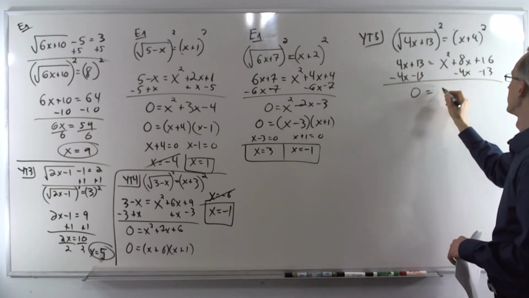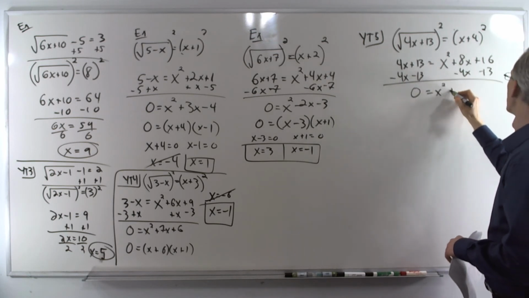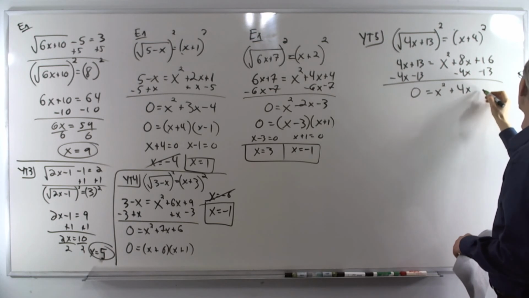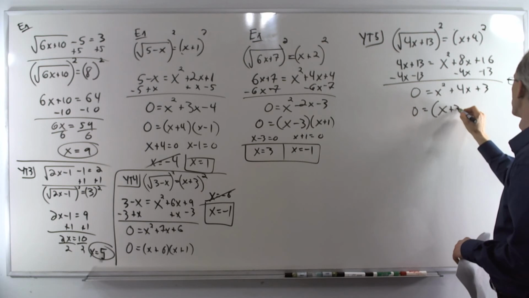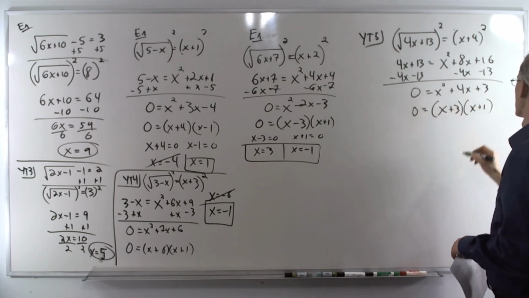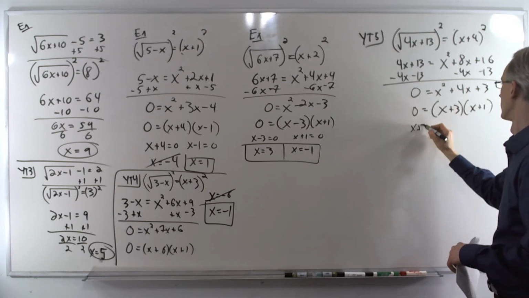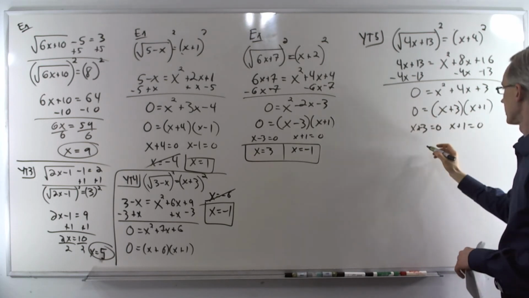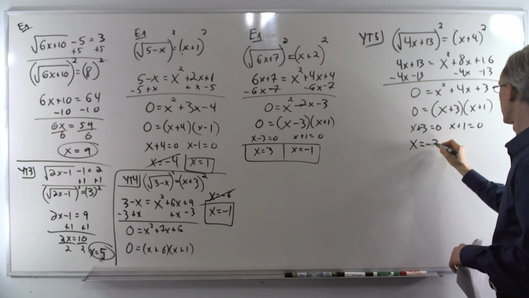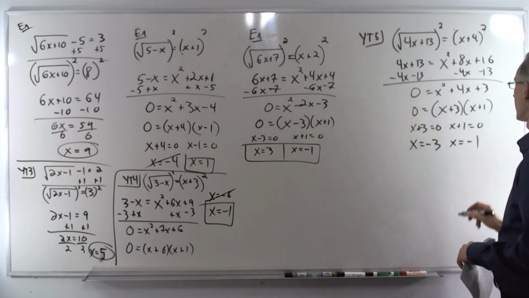And we get 0 equals x squared plus 4x plus 3. And that factors into x plus 3 times x plus 1. Setting both equal to 0, solving individually, we get x equals -3 and x equals -1.